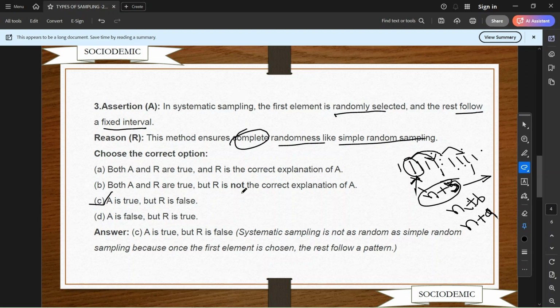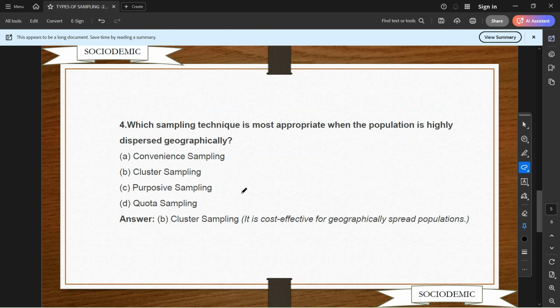Okay, friends. Next question, fourth question. Which sampling technique is most appropriate when the population is highly dispersed geographically? For example, this is the whole population. Here some population is there, here some population is there, distributed geographically, dispersed somewhere. All the population is not in a single place.